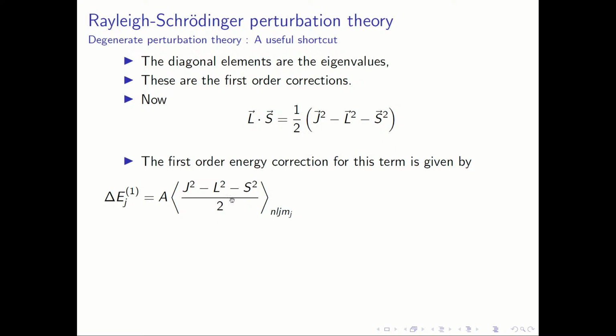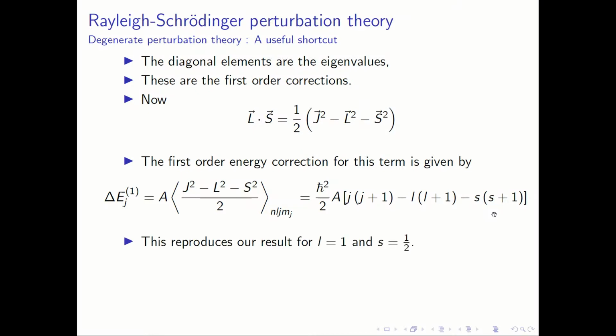Well, this is actually the L dot S expectation value here, where I have replaced L dot S by this combination, and the integral of f of r times r^3 squared is of course in the A. And you can immediately see that since the states psi n l j mj are eigenstates of J square, L square and S square, it's trivial to calculate this result, and this is what you get.